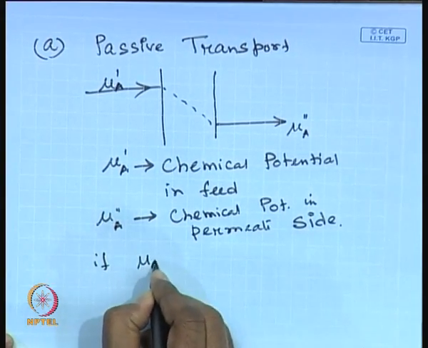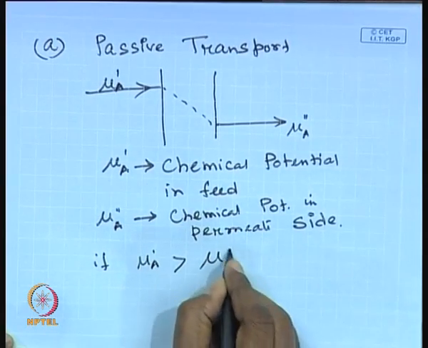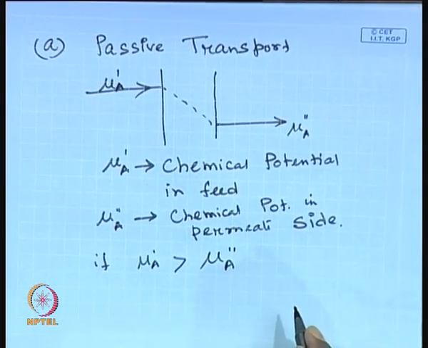If mu a prime is greater than mu a double prime, then we call it a passive transport.